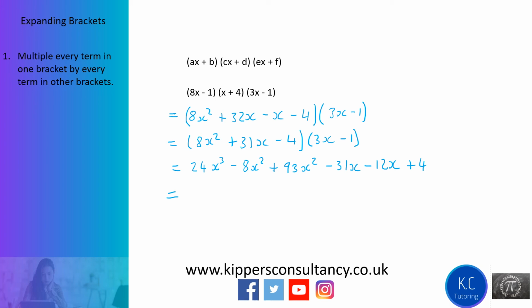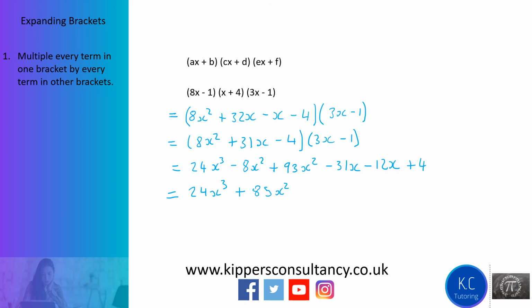Finally, what I want to do is just collect all of the like terms in this expression. So that becomes 24x cubed. Now I've got minus 8x squared plus 93x squared. So that becomes plus 85x squared.